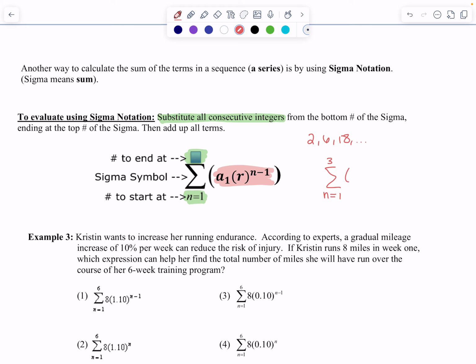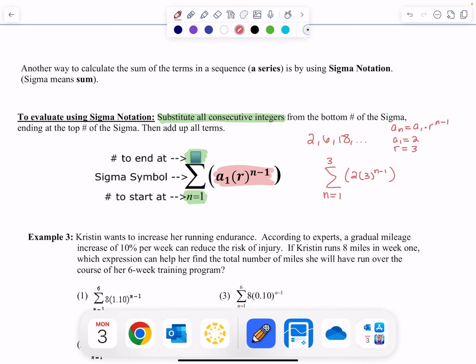So that would be something I'd have to remember how to do. So 2 times 3 to the n minus 1, right? Because that's this formula. If I take my geometric sequence formula, we know that r is 3 and a1 is 2. That's my explicit formula for this sequence.